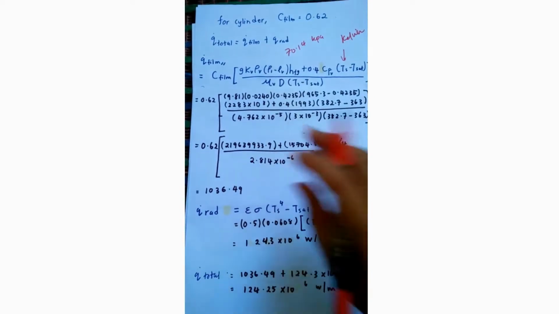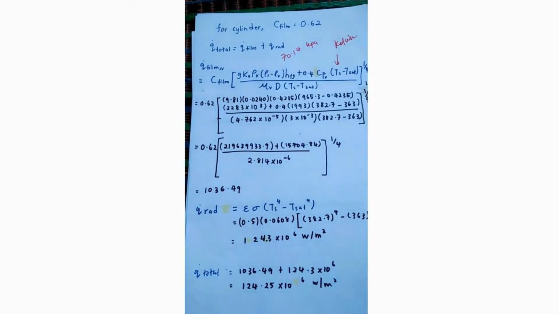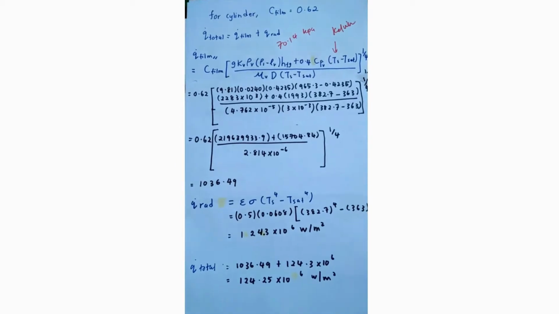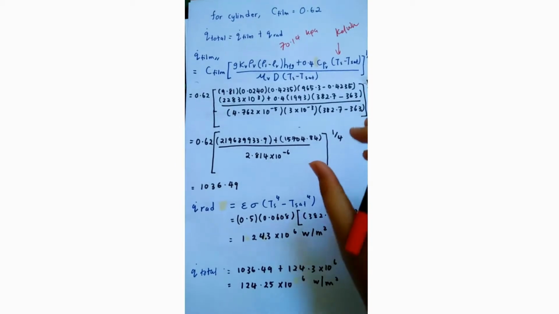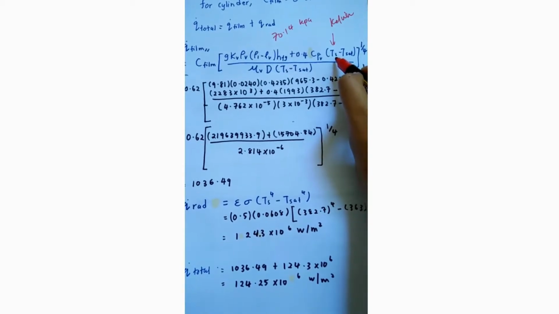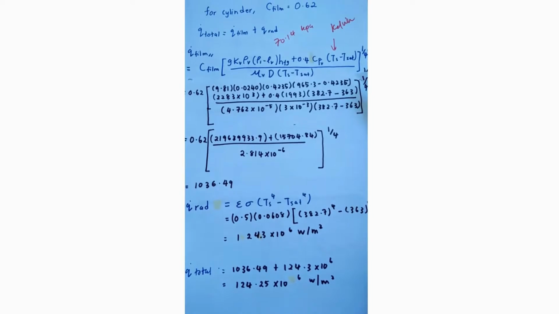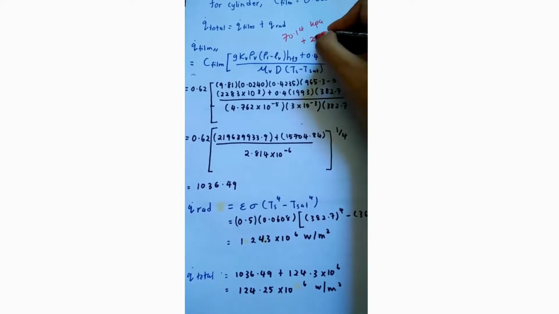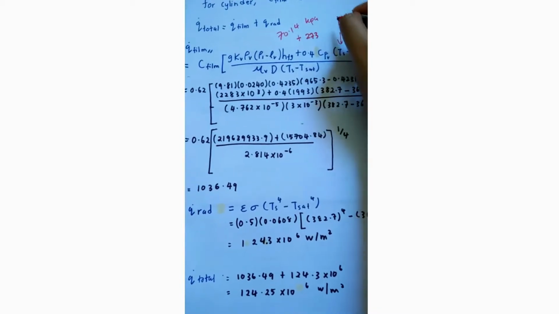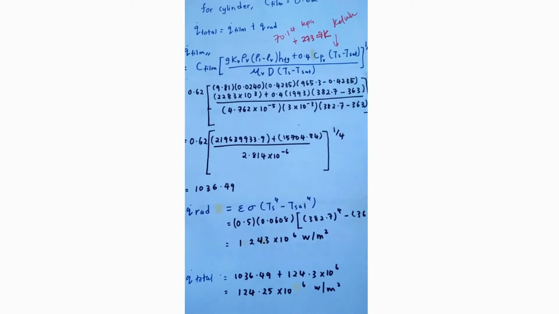All of the properties are under the 70.14 kPa condition. For this equation, we have to convert the T wire and T saturation into Kelvin, which is plus 273, and it will change into Kelvin.